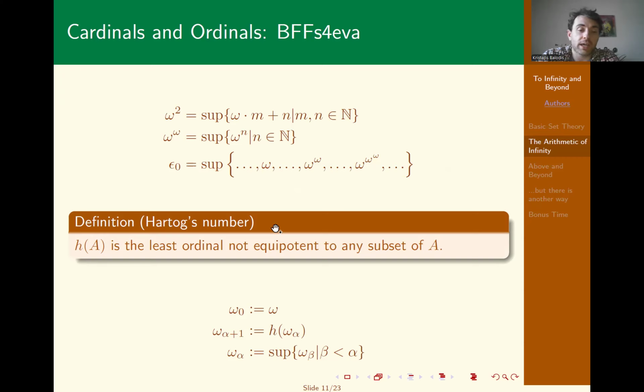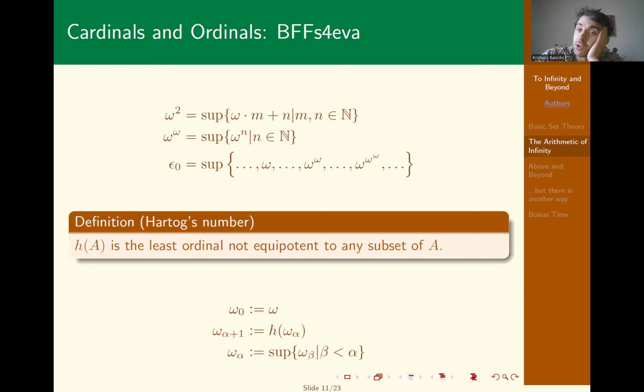And then if alpha is not what we would call a successor ordinal (there are definitions I'm neglecting for the sake of time, but basically that means if alpha is not the plus one of some other ordinal), then we define it to be the supremum of all of these ordinals that are less than it.